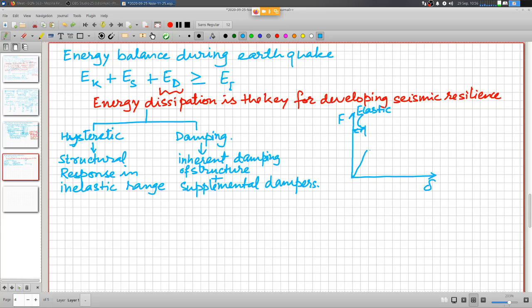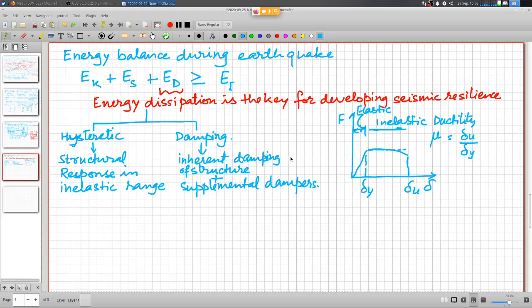After that, this is inelastic, and this is, let's say, ultimate deformation. So delta u is the ultimate deformation, delta y is the yield, the elastic deformation. So ductility mu is defined as the ultimate deformation divided by the yield deformation, the maximum elastic deformation, right?